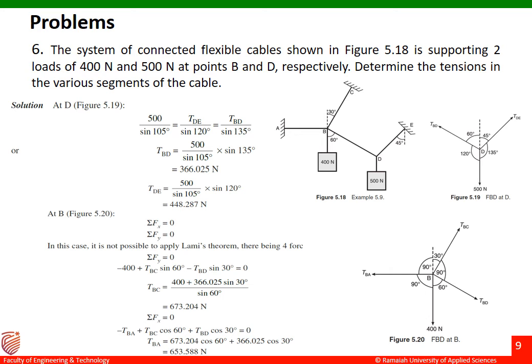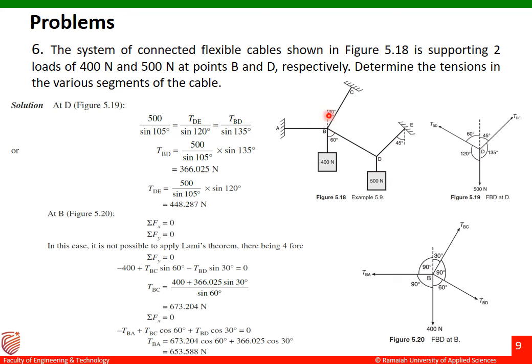So problem number 6. The system of connected flexible cables shown in figure is supporting two loads of 400 Newton and 500 Newton at point B and D respectively. Determine the tension in various segments of the cable. Okay, so this is my given figure here.